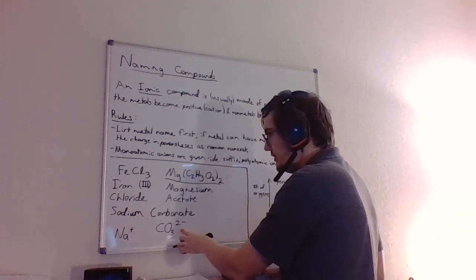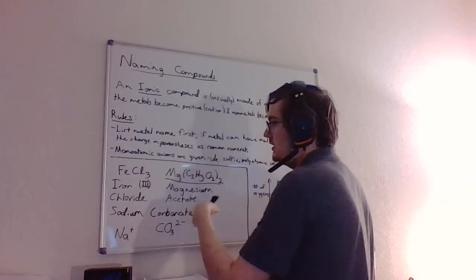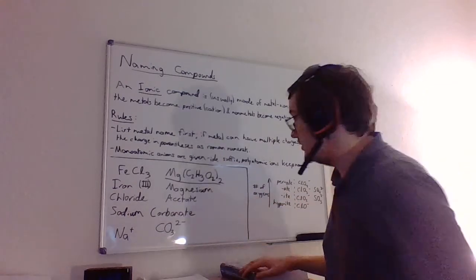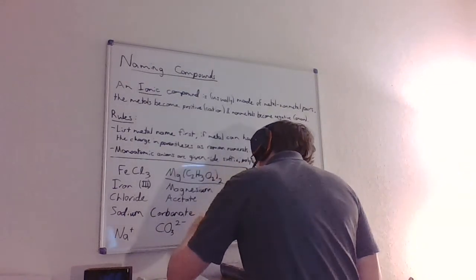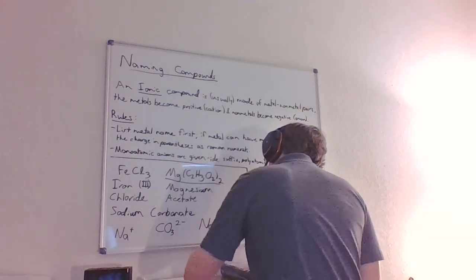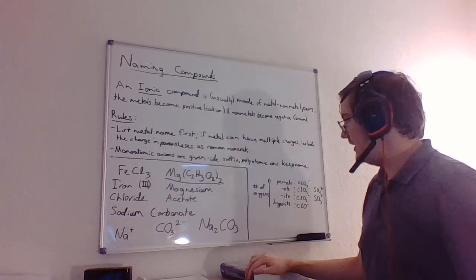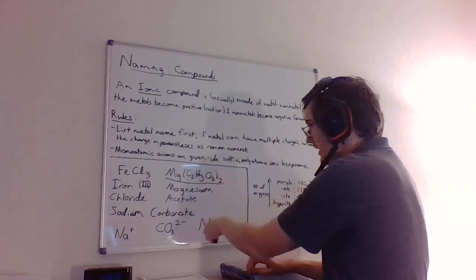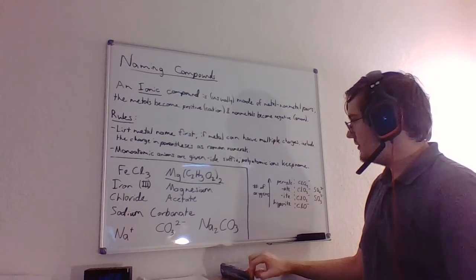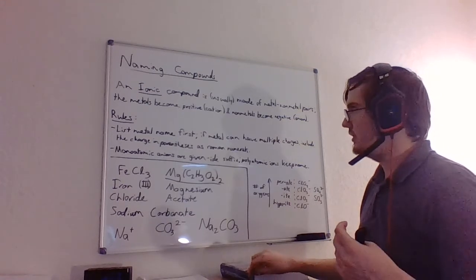This is a negative 2 charge, that's a positive 1 charge. So if we just have 2 sodiums, that's going to be positive 2 with the negative 2, which gives us 0. So that means overall we're going to end up with Na2CO3. And that would be what sodium carbonate looks like. Now, that's basically the gist of naming ionic compounds.